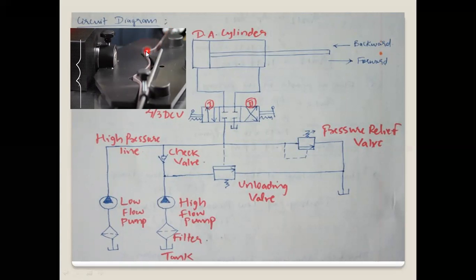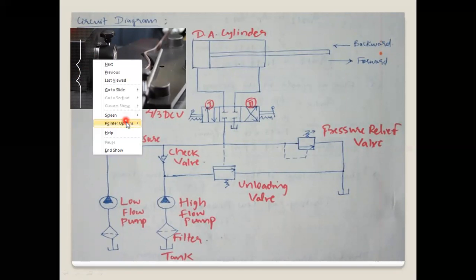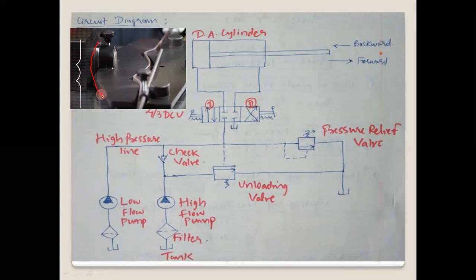For bending different metals, mainly where the thickness of the metal is high, I have to give the shape to that metal. Here the shaping is given in this way, and we can also give a curved shape in this way. So mainly this circuit is for bending the metal component. This is our circuit diagram.